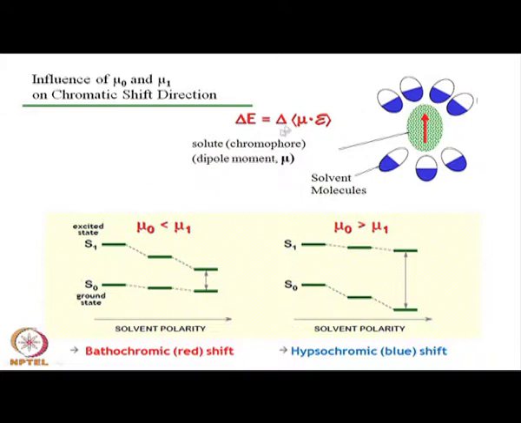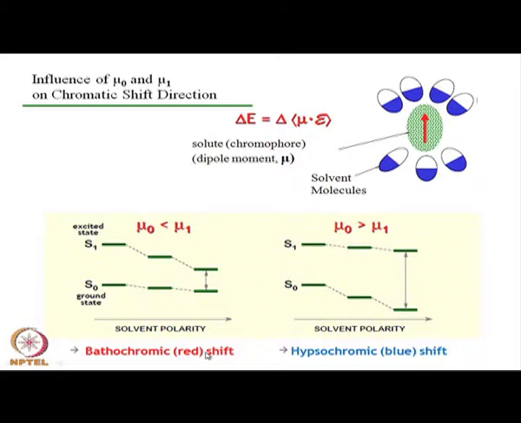So if this mu is more, you can expect more stabilization compared to this one, because this mu is less. Ultimately if you increase the polarity, you will find that this gap is reduced. Initially, if you record the absorbance spectra, you will find that this gap is more, so it is absorbing on the bluer side, and now it is absorbing on the red side. Therefore there is a shift, and that shift is called bathochromic shift or red shift.